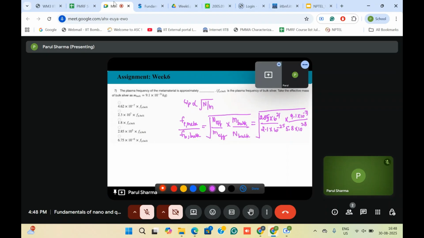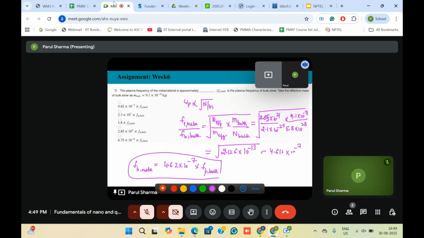After calculating this, you will get 2.126 into 10 raised to power minus 30, and we will get 4.612 into 10 raised to power minus 7. So now the plasma frequency of the metamaterial will be 4.62 into 10 raised to power minus 7 into the plasma frequency in the bulk. So option 1 is the correct answer.